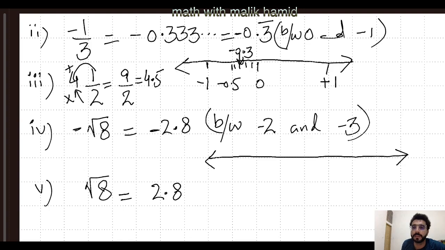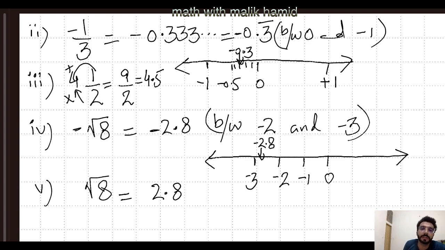If you take this as 0 on the left side, this is minus 1, this is minus 2. If you take this as negative 3, then approximately here it will be minus 2.8.